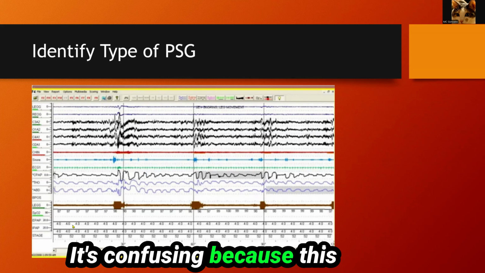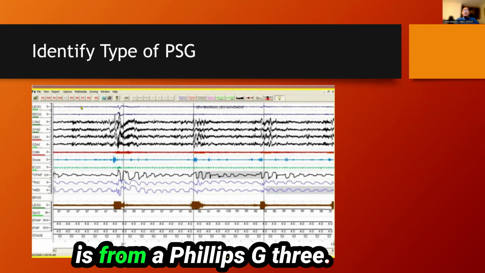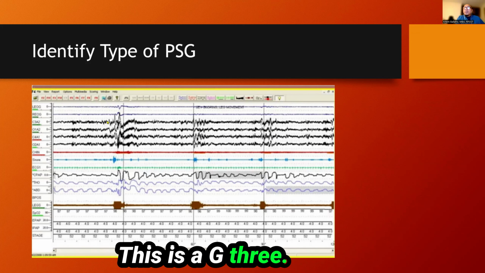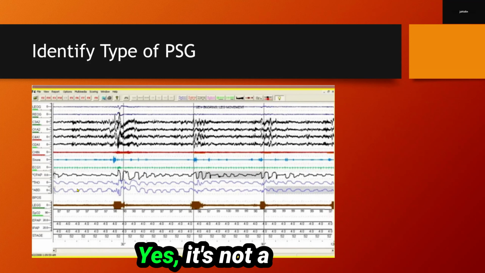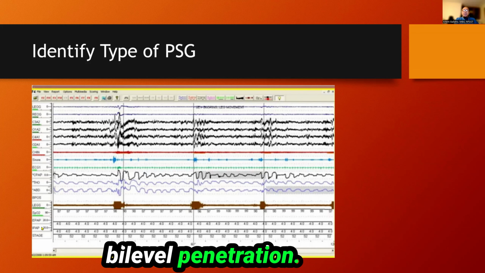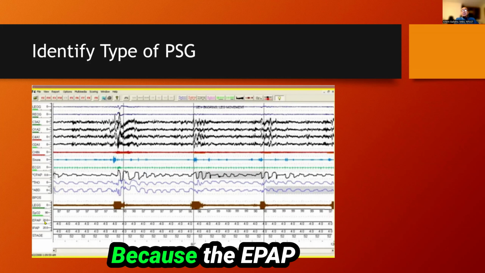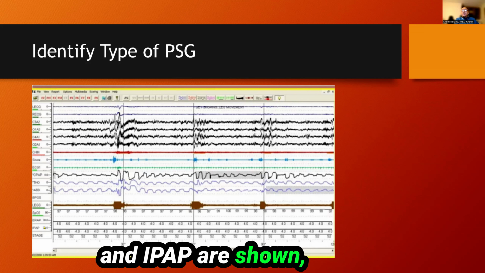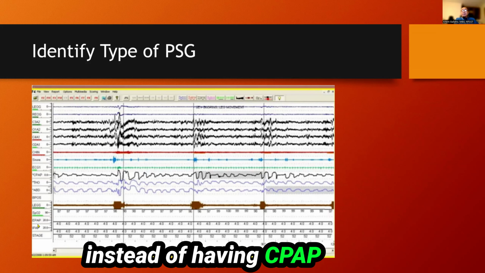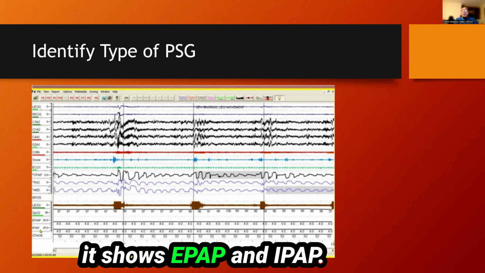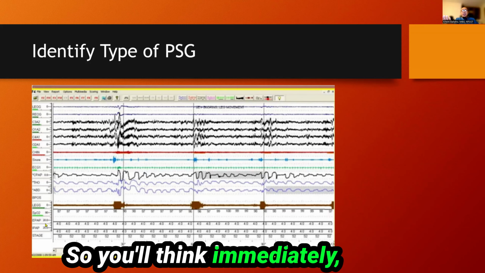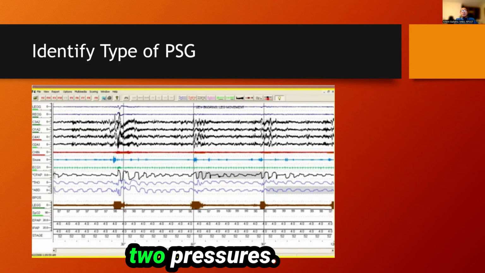It's confusing because this is from a Philips G3, but it's still CPAP. It's not a bi-level titration. The EPAP and IPAP are shown instead of just CPAP, so you'll think immediately that it's bi-level because you have two pressures.